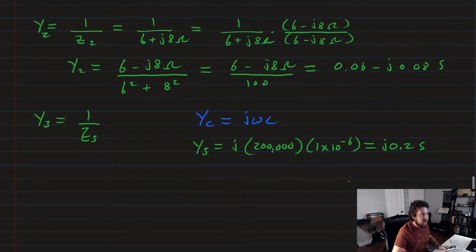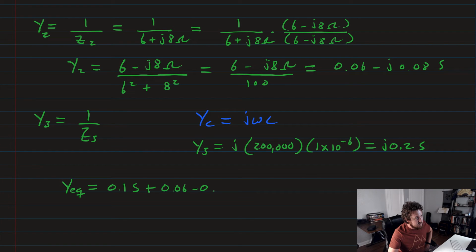So now we're ready to add everything up. So we'll have Y EQ is equal to, what did we have? 0.1 Siemens plus 0.06 minus j0.08 Siemens plus j0.2 Siemens.